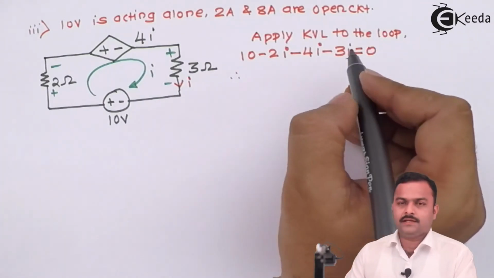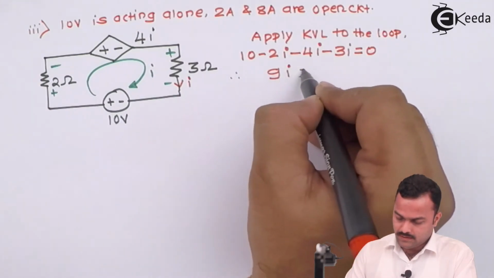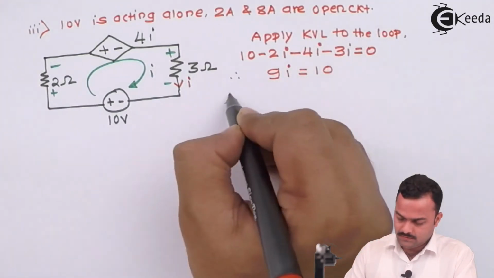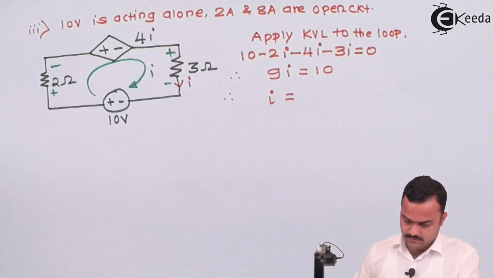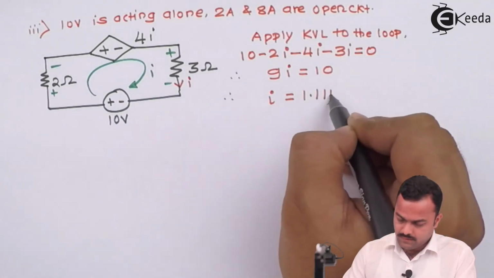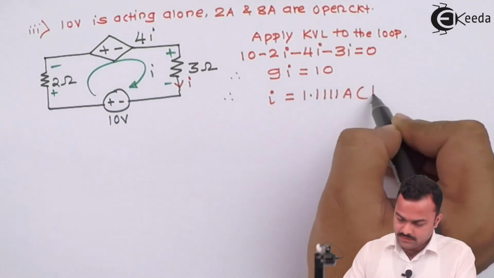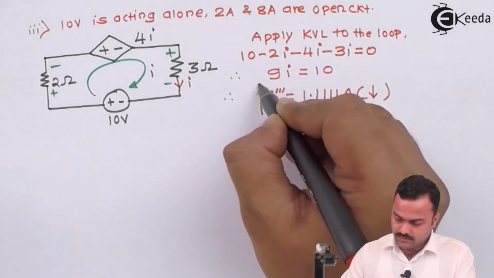So upon simplifying, we will get 9I equal to 10, and we'll get the value of I as 1.1111 ampere. Direction is downward, but this is because of the third source, so I triple dash.